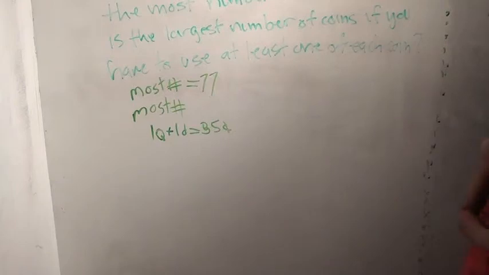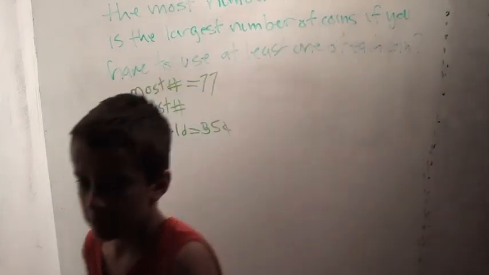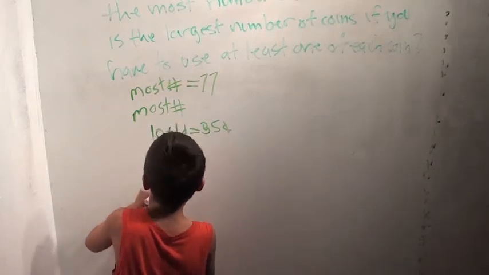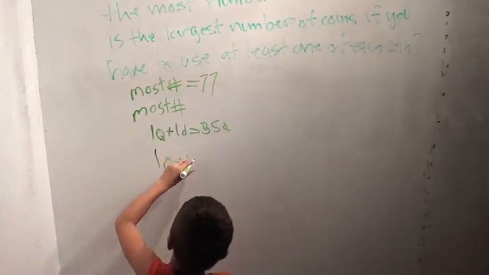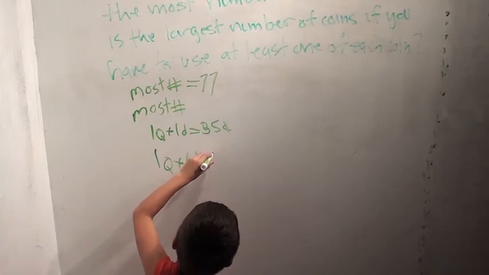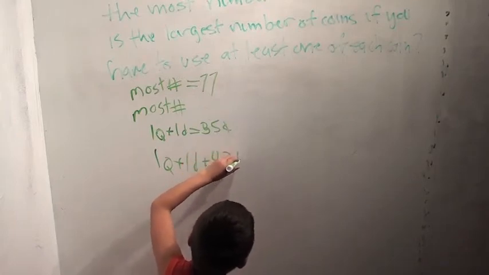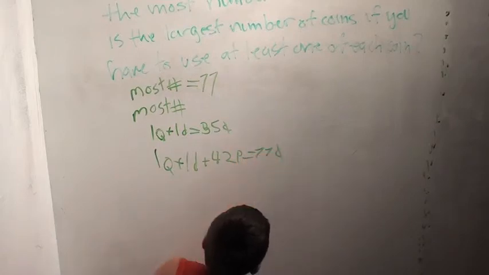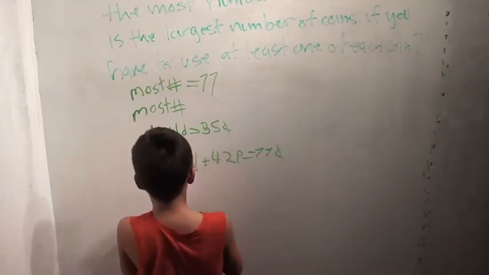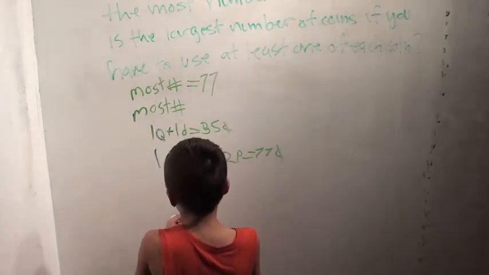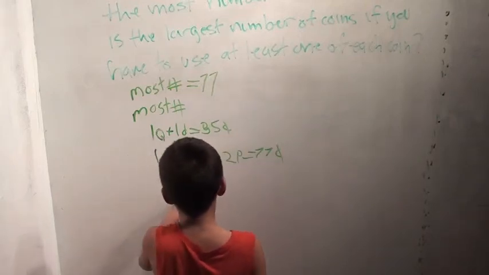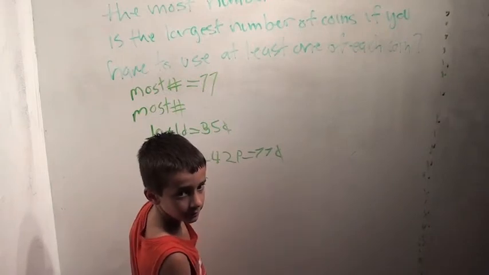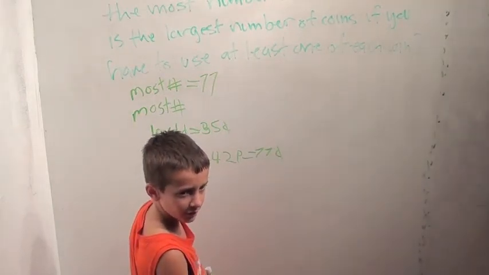So we use 1 quarter plus 1 dime plus 42 pennies. How many coins did you use? 1, 2... I used 44 coins. Very good.